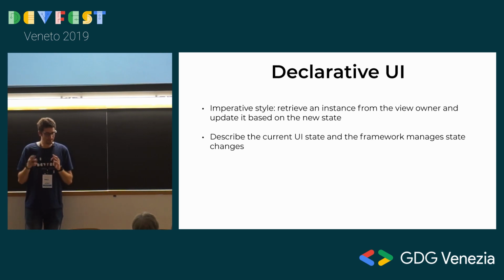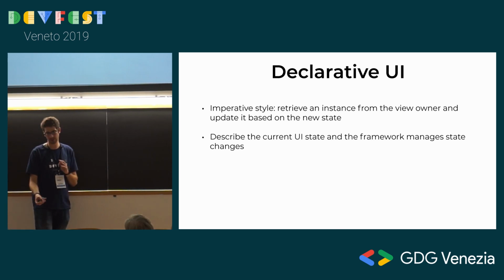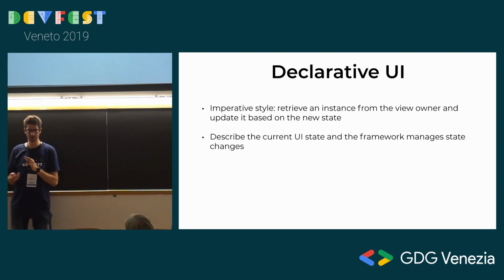And this is a pattern that is largely used in the web world, but in the mobile world it has been introduced by React Native and now by Flutter because it takes inspiration from React Native. But also the native actors are going in this direction.